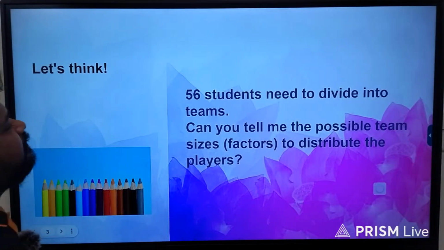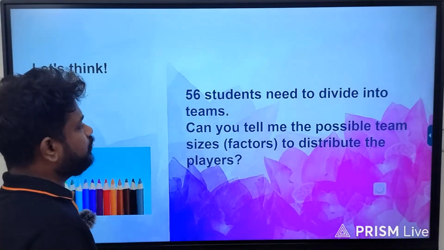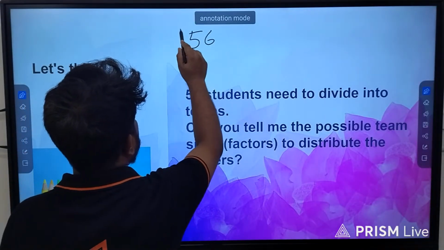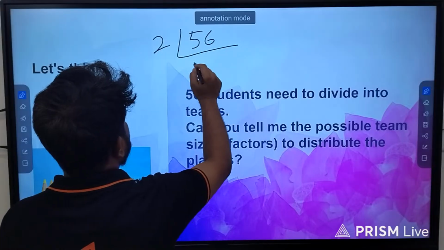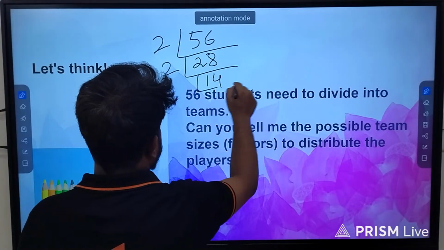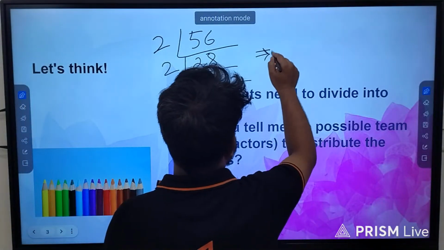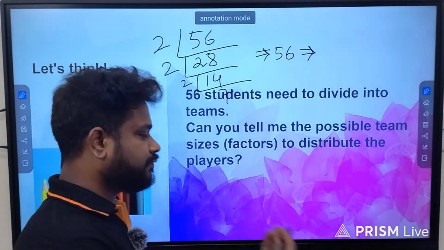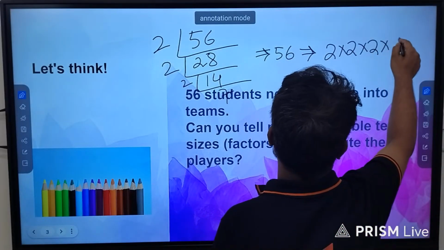Next, let's think: 56 students need to be divided into teams. Can you tell me the possible team sizes to distribute the players? Obviously, to solve this, we have to find the factors of 56. Let's start with 2. So 56 can be transformed into factors like this: 2 into 2 into 2 into 7.